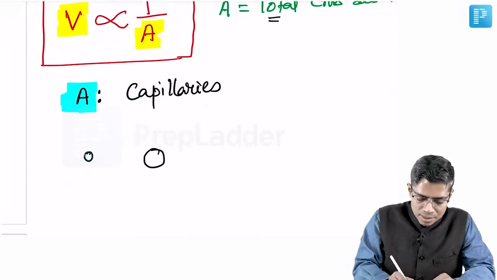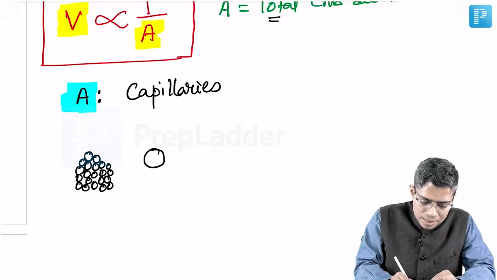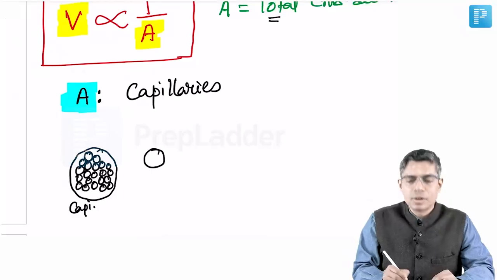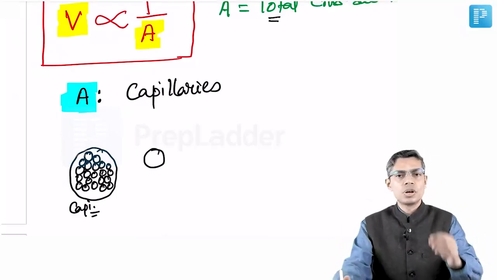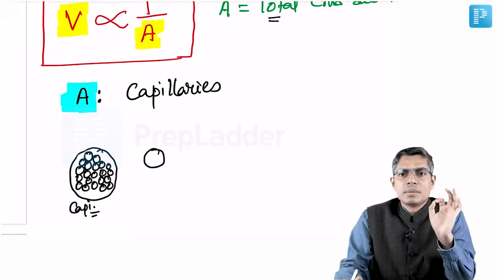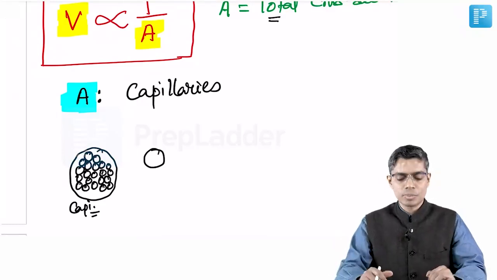Total cross-sectional area means if you add up the cross-sectional area of all the capillaries in your body, and add up the cross-sectional area of the other vessels in the same way, then it is maximum at the level of capillaries. Obviously, because the number of capillaries is huge, although the individual cross-sectional area of a single capillary is very small. But here we are talking about the total cross-sectional area of all the capillaries in our body.